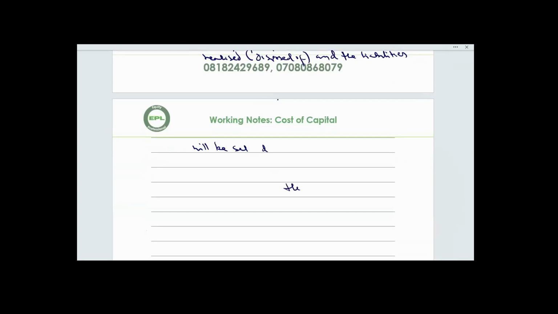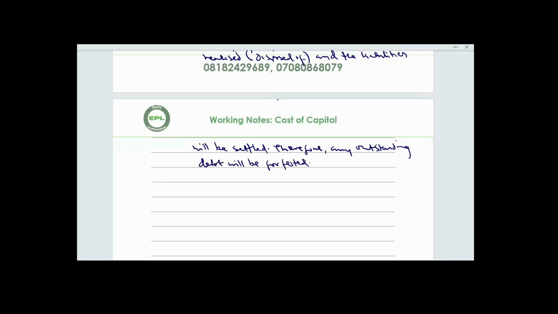Therefore, any outstanding debts will be forfeited.